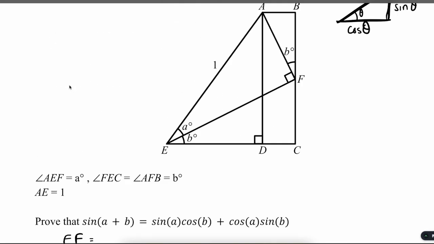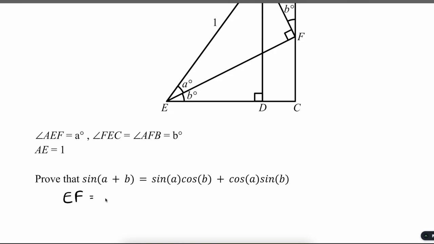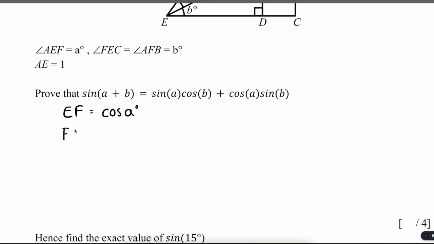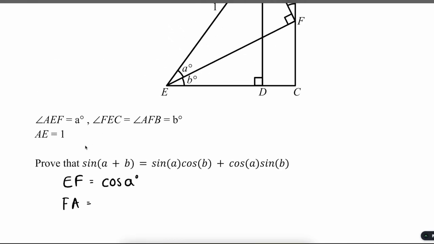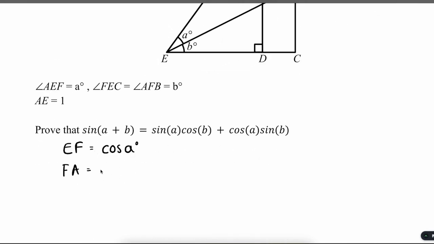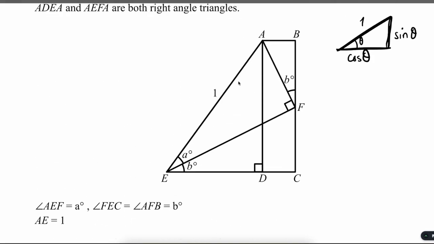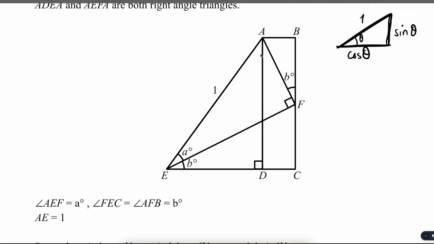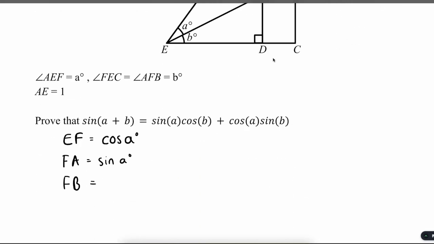EF is equal to cos A, and we know FA is going to equal sine A. And we know, so this is sine A, so we know that FB is going to equal sine A cos B.